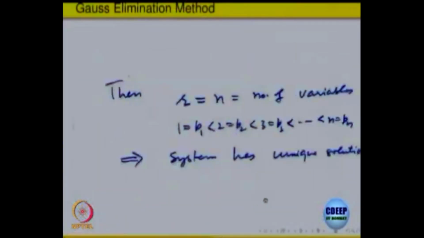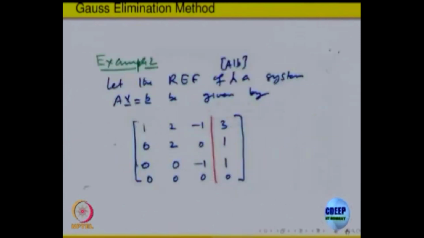So, these are observations we are putting, we will put them together. R is equal to n, the number of variables. Here P1 is 1, P2 is 2, P3 is 3, and n is equal to 3, so the system has a unique solution. There are only 3 columns, each one is having a pivot.